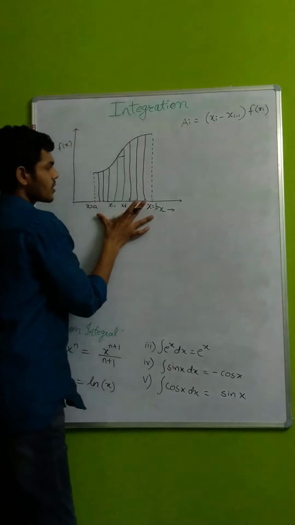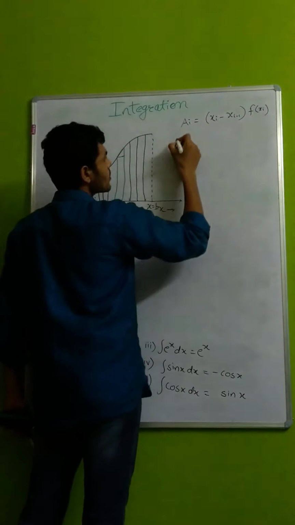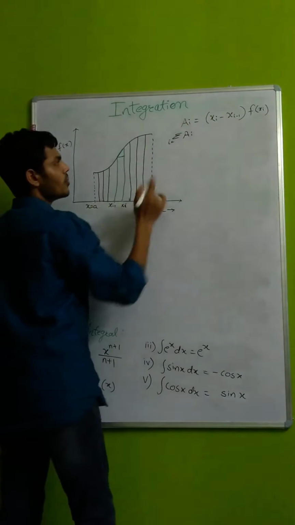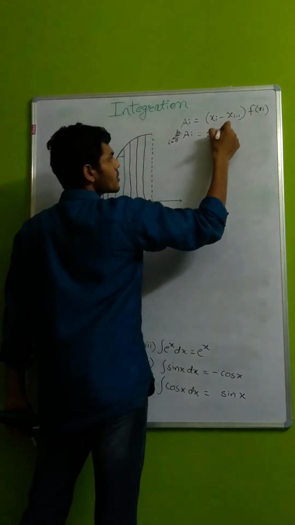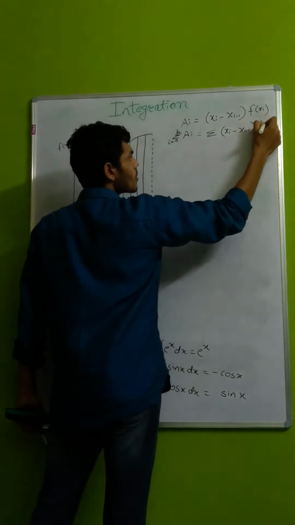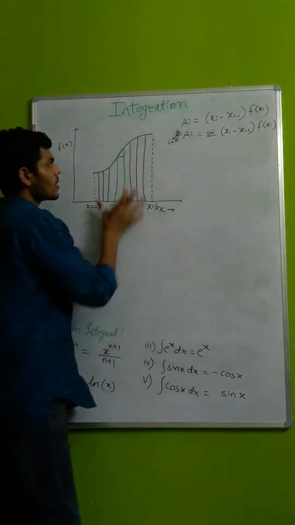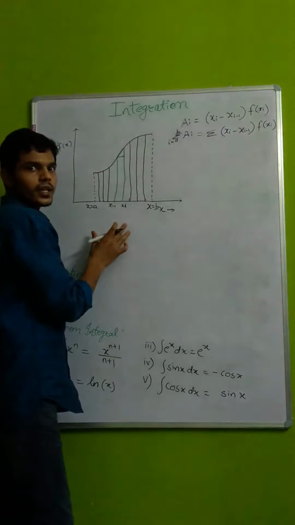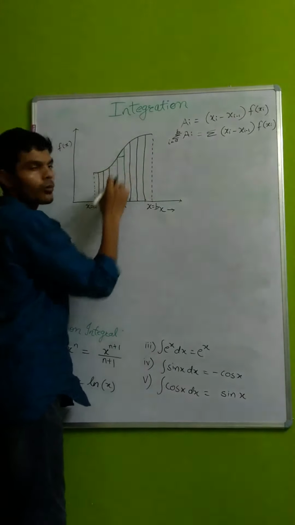Now to find the area under the curve, we have to add all the rectangles. So we'll sum these areas where i is equal to a to b. Okay, what will it be? Summation of xi minus 1 into f of xi. What will be i? As we are dividing this curve in n number of rectangles, and n is tending to infinity because this is infinitely small. We want to make this top of the rectangle flat.